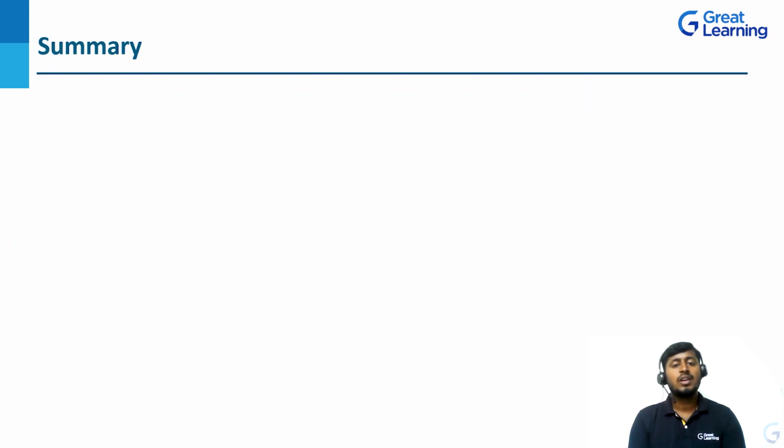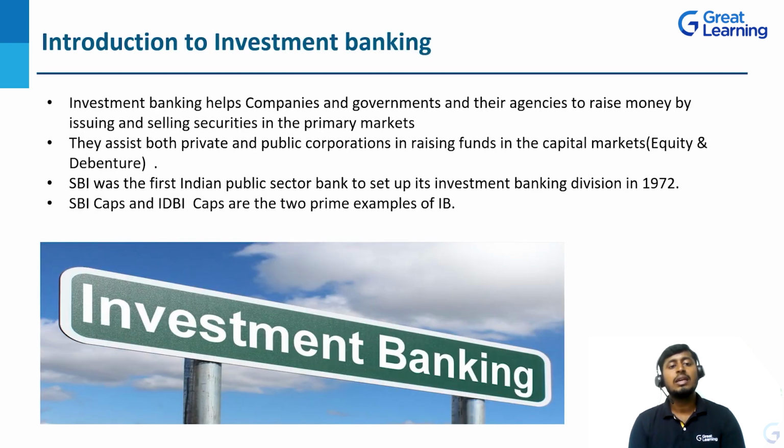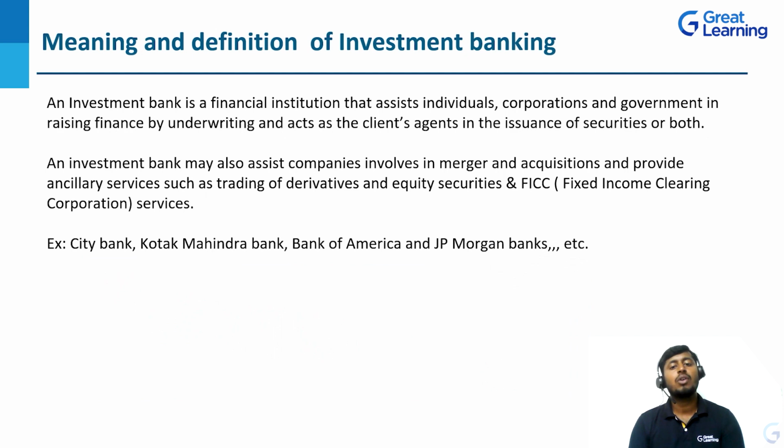Summary. So here we have a quick recap of what we have learned in this session. We have discussed the introduction to investment banking, a brief introduction, in which year it started and who started it. Next, the meaning and definition of investment banking: it is a financial institution that assists individuals, corporations and governments in raising long-term funds, and it acts as an underwriter to all the organizations.